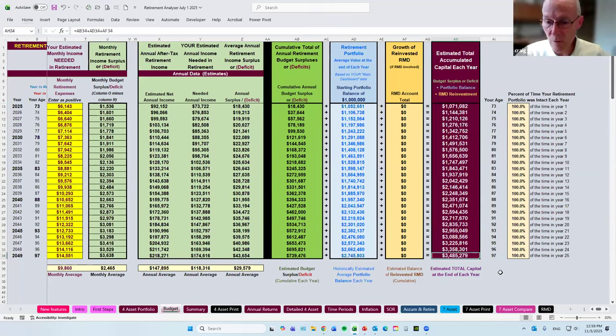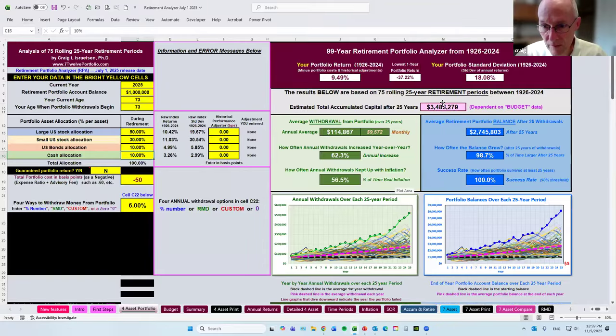And that ends up at 3.48 million by year 25. When you come back to the 4-asset portfolio, there's that number right there. We didn't talk about it, but that's that number in pink. That number in pink is really an important figure because it's more holistic than just focusing on your portfolio.